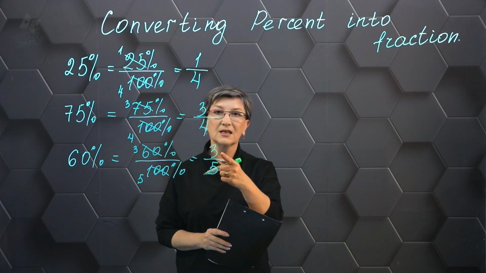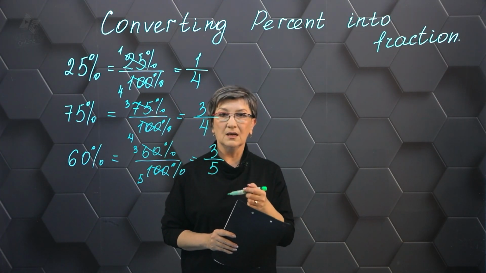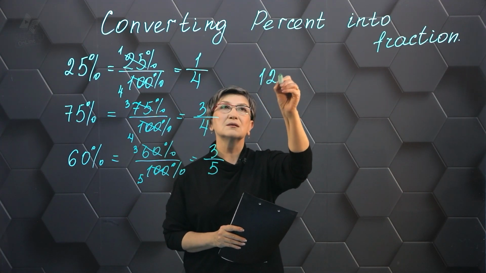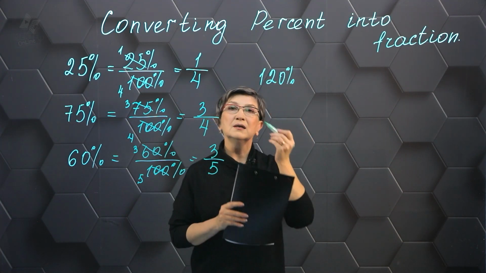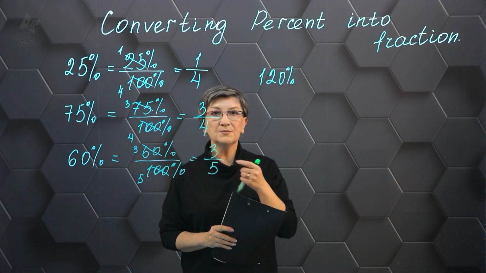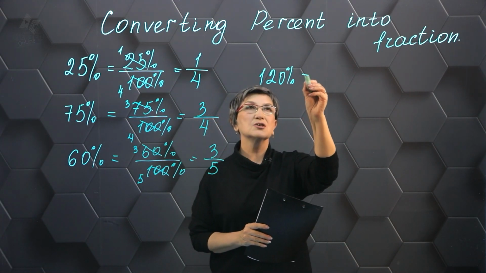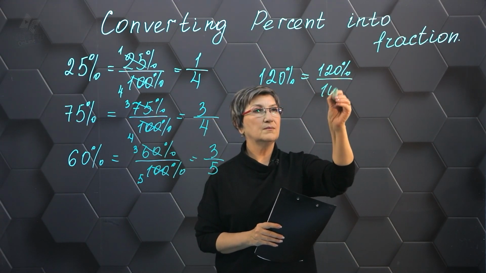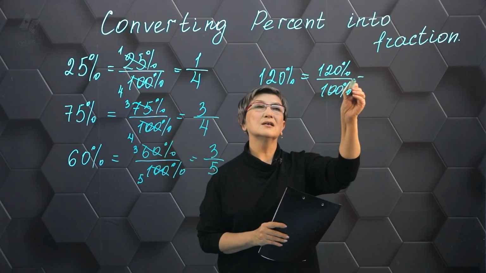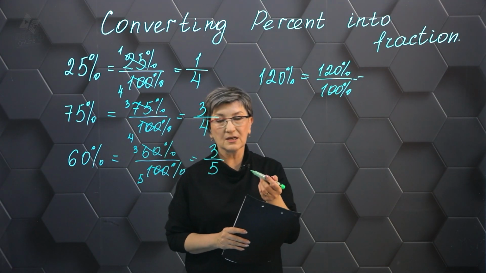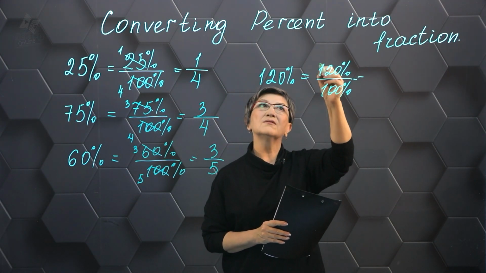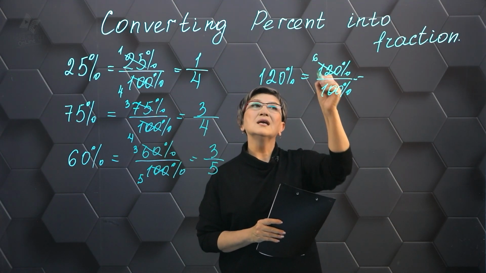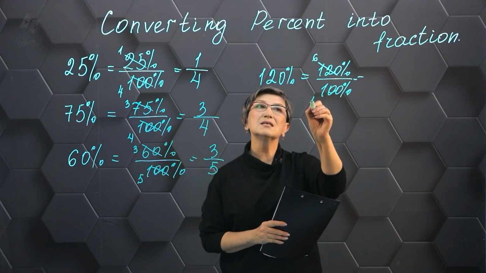What do I do if I have 120%? The thing is, the algorithm is the same. That is, I have 120. I have to divide it by 100. And then 120 and 100, I again reduce, and we will reduce by 20. 120 divided by 20 is 6, and 100 divided by 20 is 5.